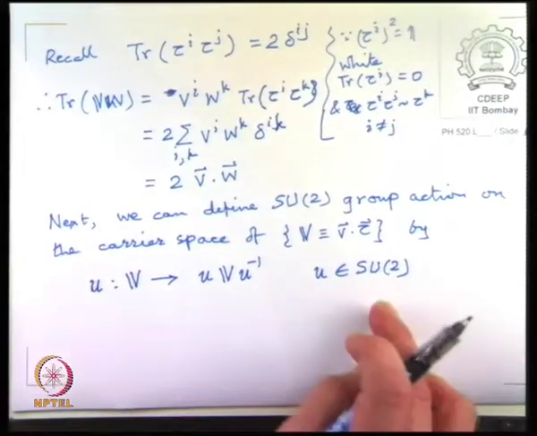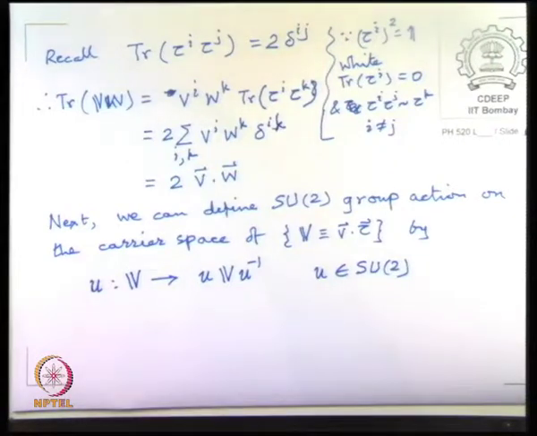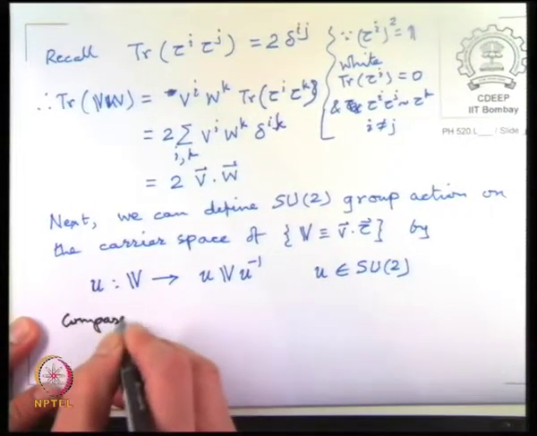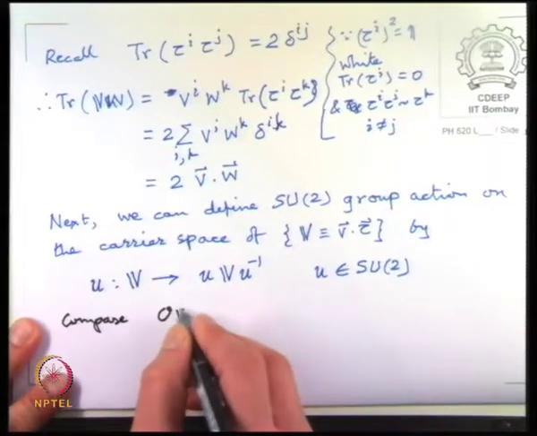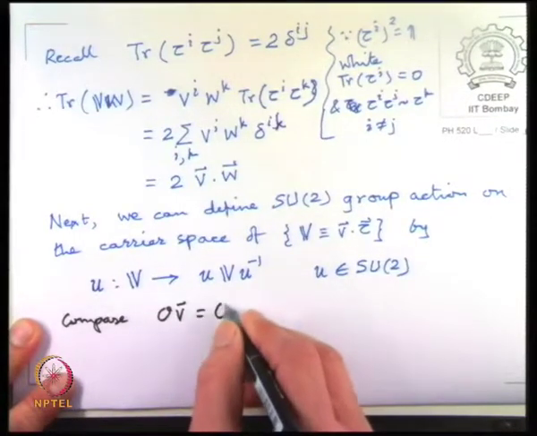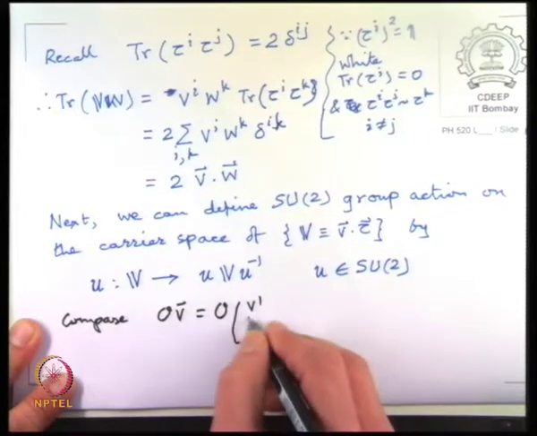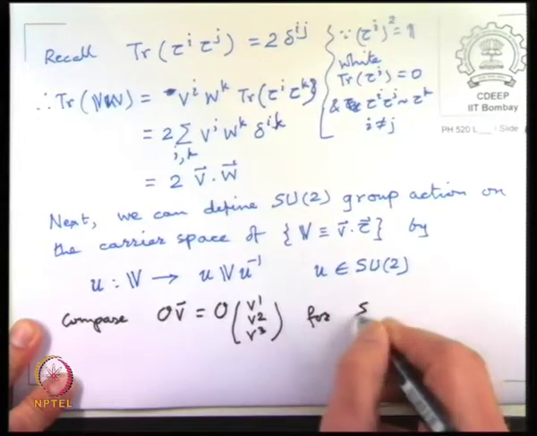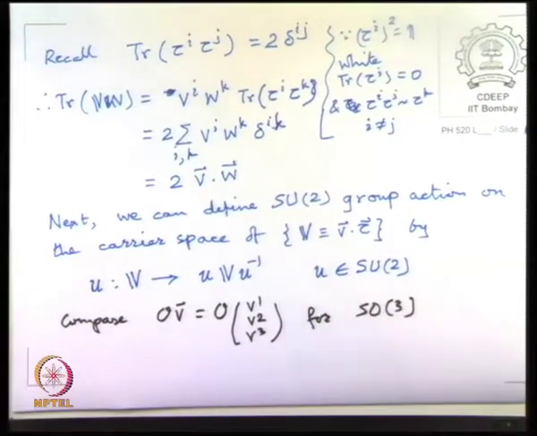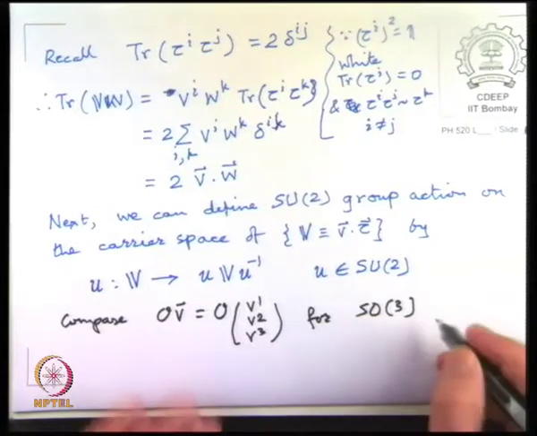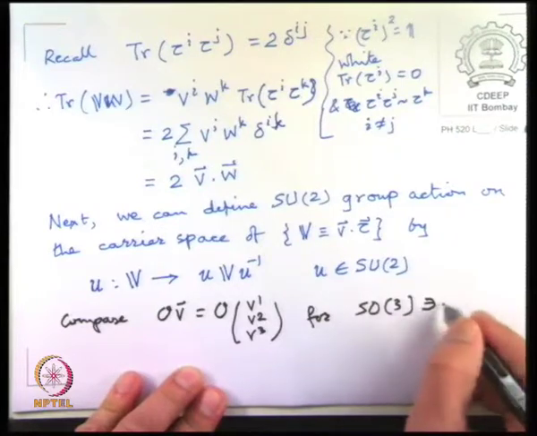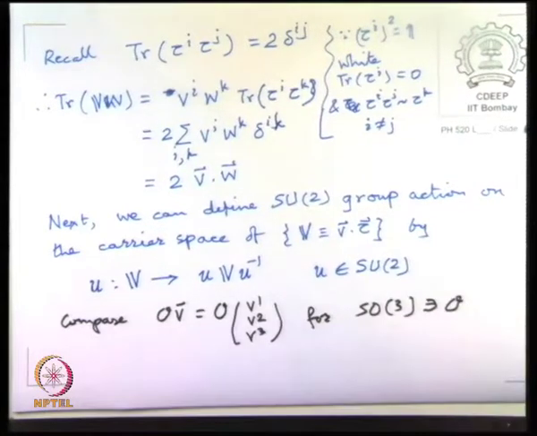So if U belongs to SU2, so compare V equal to O acting on V1, V2, V3 for SO3. Now the same where O is belonging to, I am sorry, O belonging to SO3.